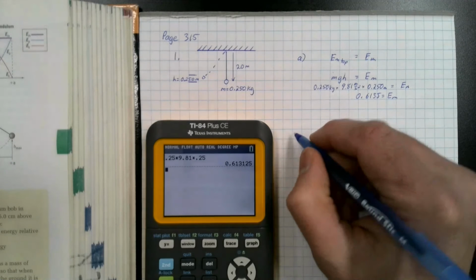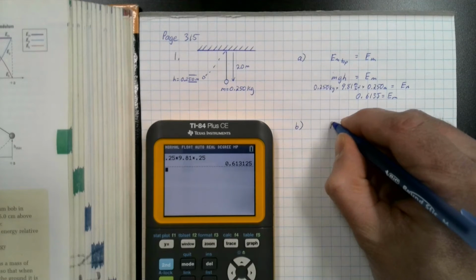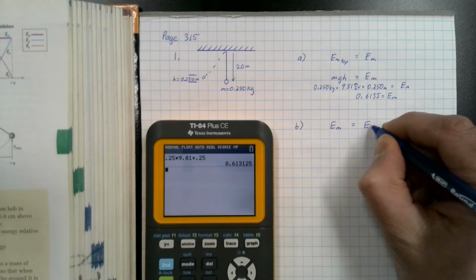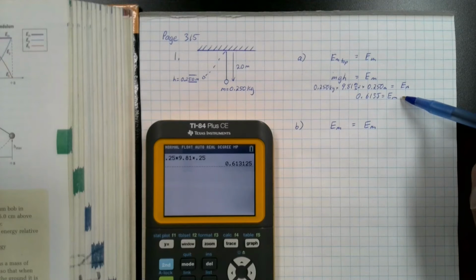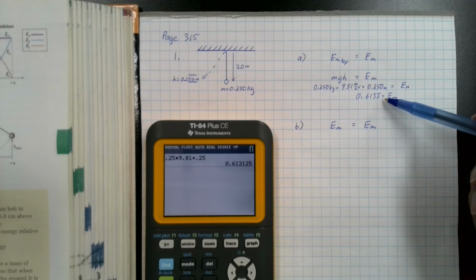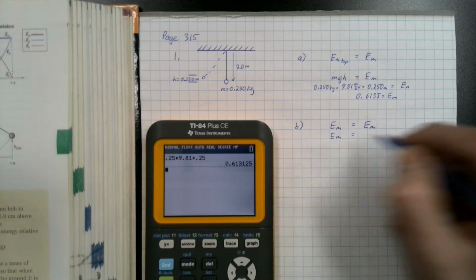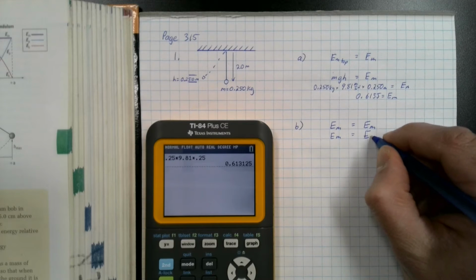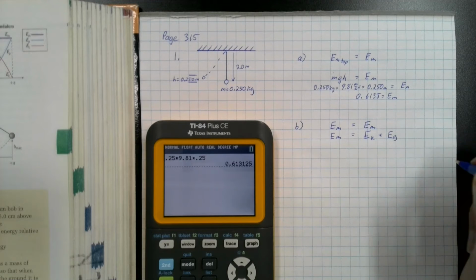Now, for this point, we're going to use the fact that our mechanical energy at the top is equal to the mechanical energy at any other point in the swing. Now we've already figured out from part A that our mechanical energy is 0.613 joules. So that is our starting value for mechanical energy, and we know our mechanical energy is made of kinetic energy as it swings down and gravitational potential energy.